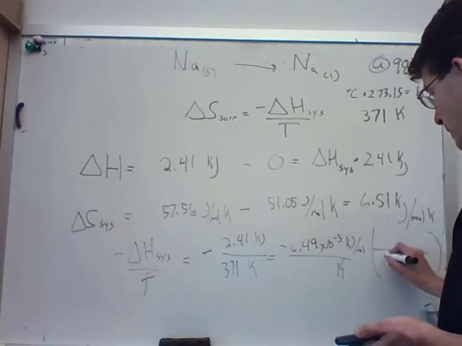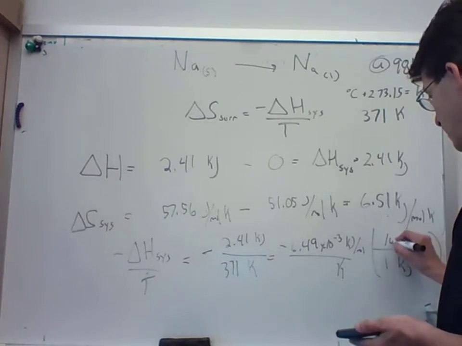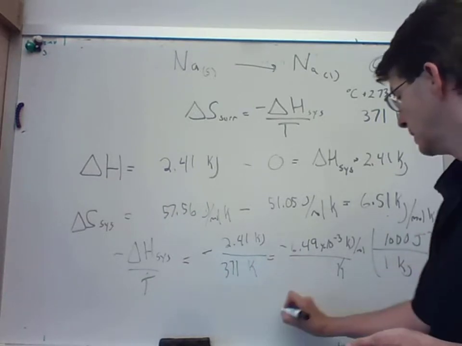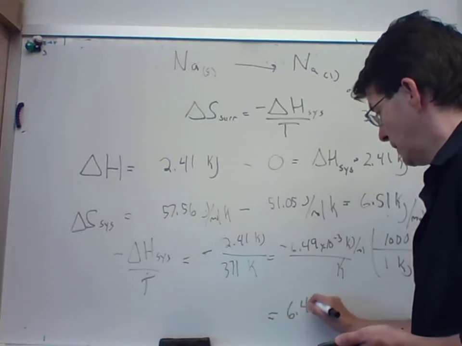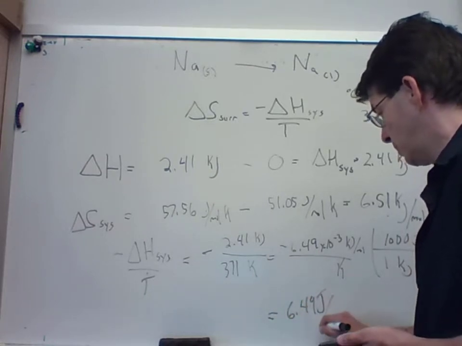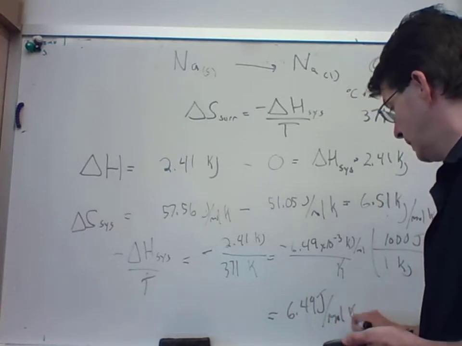And then we know that for every 1 kilojoule, that's 1,000 joules, and so this one is equal to 6.49 joules per mole Kelvin.